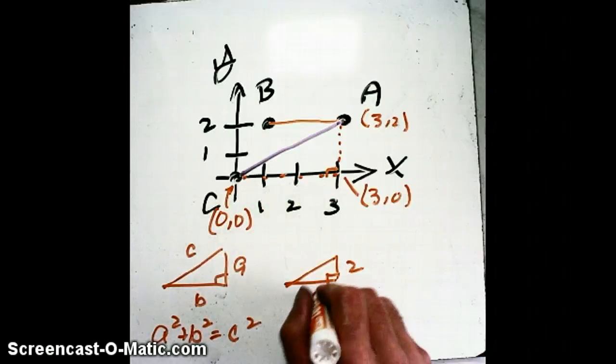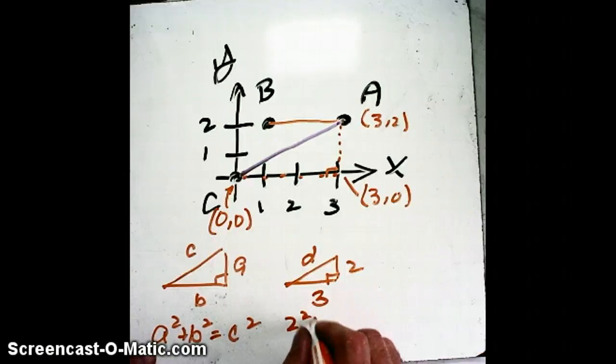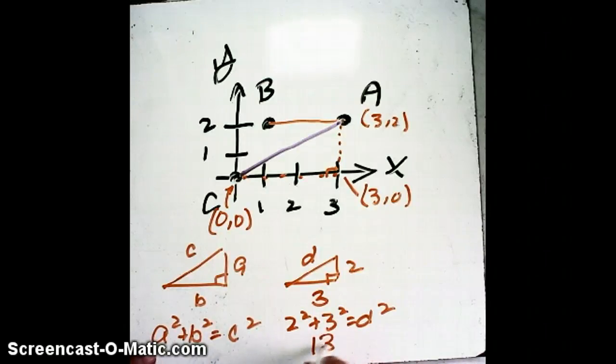So 3. Now my question is, what is D? What is the length of the hypotenuse of that triangle? We could use this formula right here. So 2 squared plus 3 squared is equal to D squared. That's 4 plus 9, which is 13. 13 is equal to D squared. So D is going to be the square root of 13. Okay?